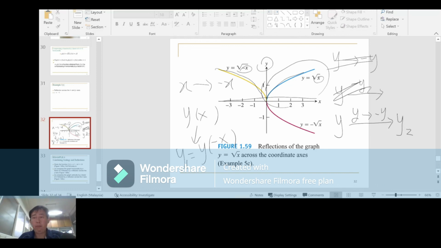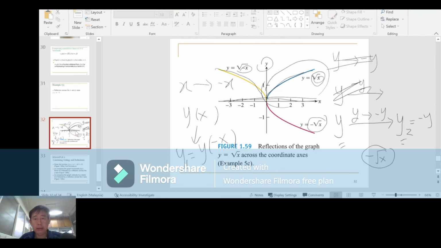So under these operations, the y function will become y2, where y2 is just obtained by replacing y by minus y. So this is the function of minus y, where the original y is square root of x. So this function of negative square root of x is just the reflected version of the original function y equals square root of x about the x-axis.